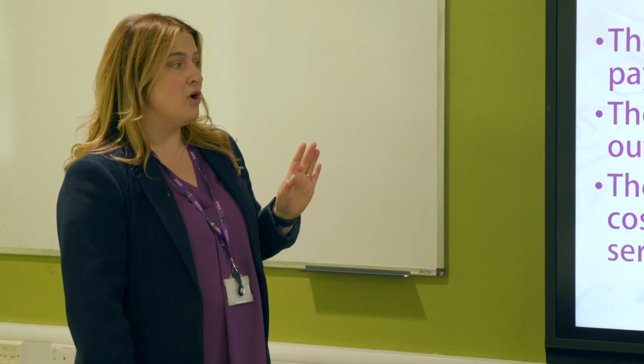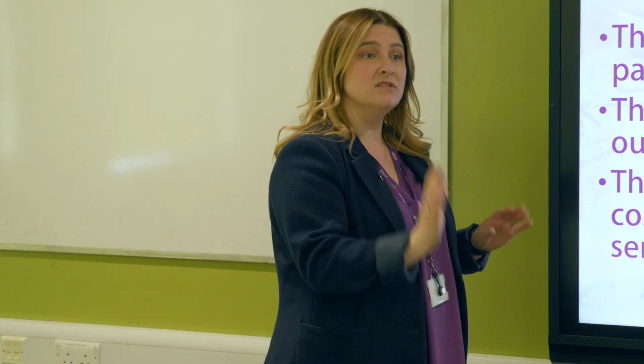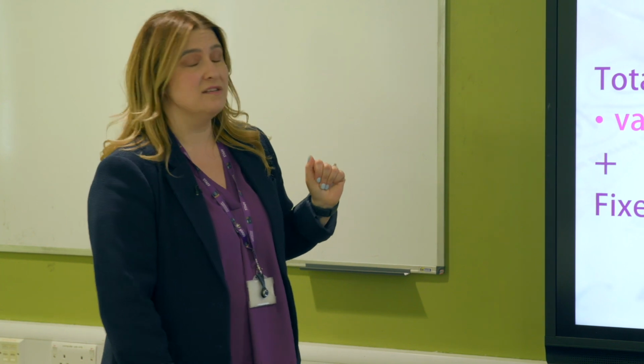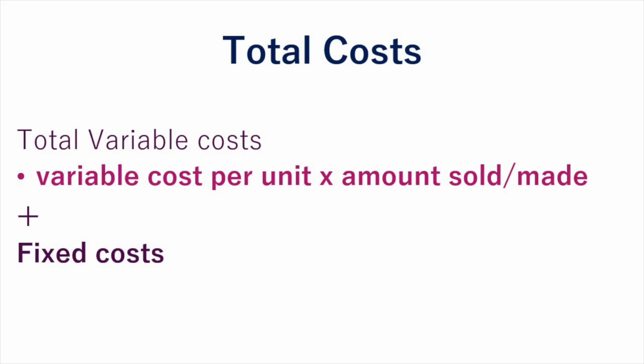There'll also be variable costs, so these are also known as cost of goods sold. This is raw materials and variable labour. For us on Buckley's Biscuits, it's going to be all of the ingredients to go into making them. So we're going to do variable cost per unit, the cost of making one, times by the amount they sell. And then once we've done that, we're going to add on our fixed costs.